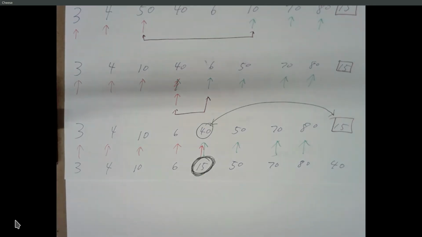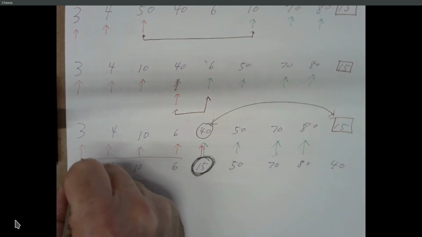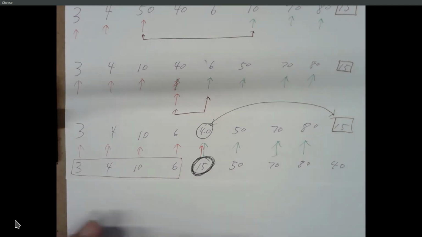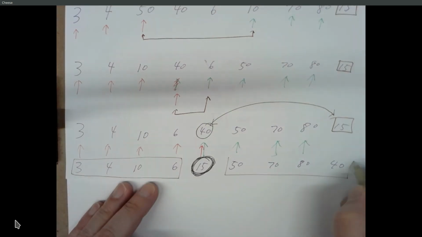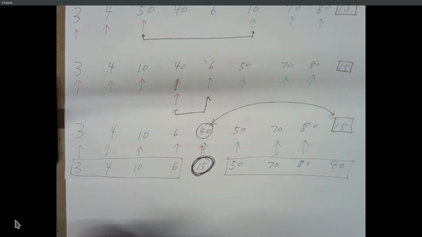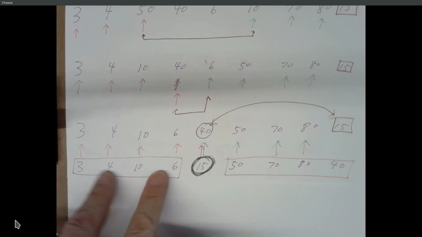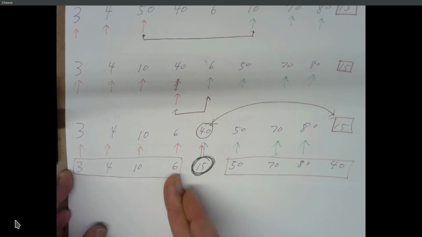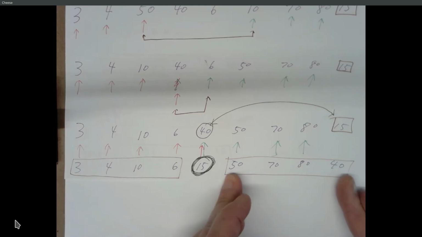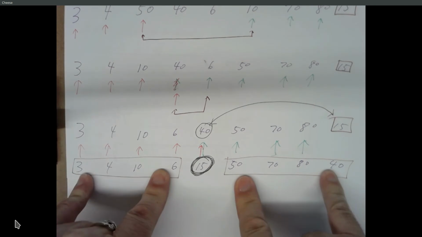So now, to finish sorting the original array, we've only got to do two things. We got to sort these four numbers, and we got to sort these four numbers. And we know when this is sorted, they're all going to be sitting over here on the left, and when these are sorted, they're all going to be sitting over there on the right. So how should we sort these arrays?